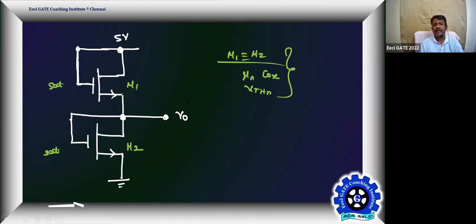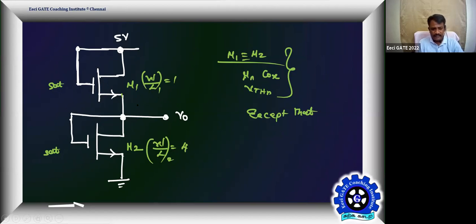This is the statement I'm giving. M1 and M2 are identical transistors in all aspects, except that W by L of MOS 2 is equal to 4 and W by L of MOS 1 is equal to 1. Getting now?